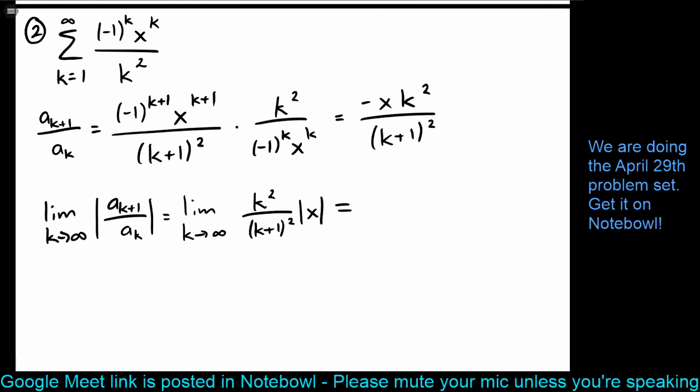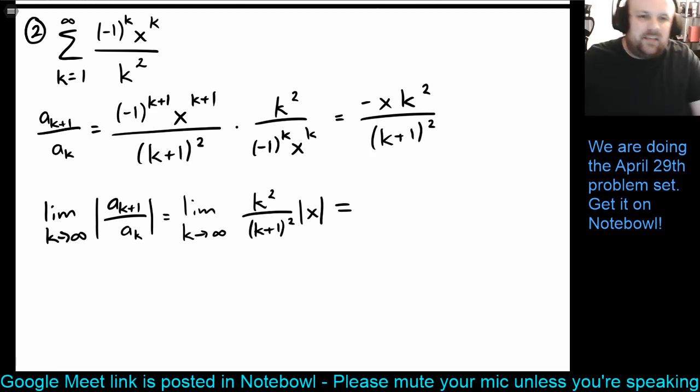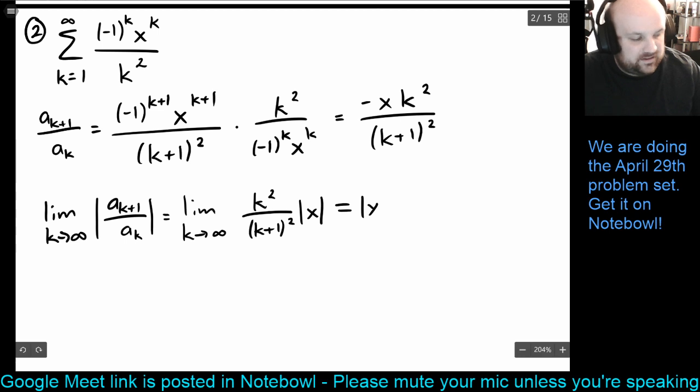All right, any luck? Hopefully the camera looks a little bit better now. So, hopefully you're finding here that this limit is the absolute value of x.